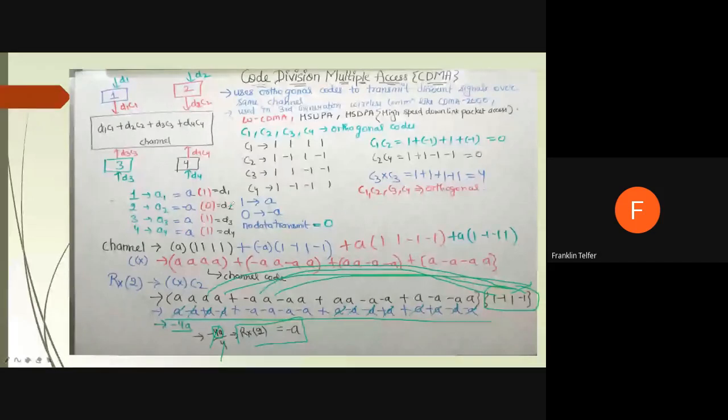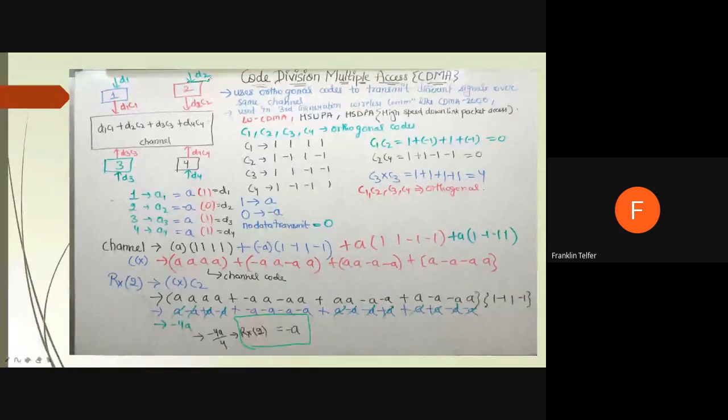So what is D2? Since we have taken the second user, right? See the second user, you have D2 as the input. What is D2? D2 is, see here, minus A. What you received here is minus A. Can you understand? So the received sequence is minus A and the transmitted D2 is nothing but this minus A. So the transmitted and received data are the same.